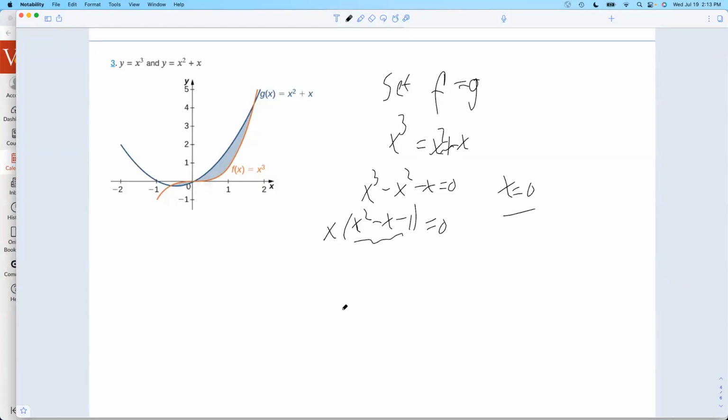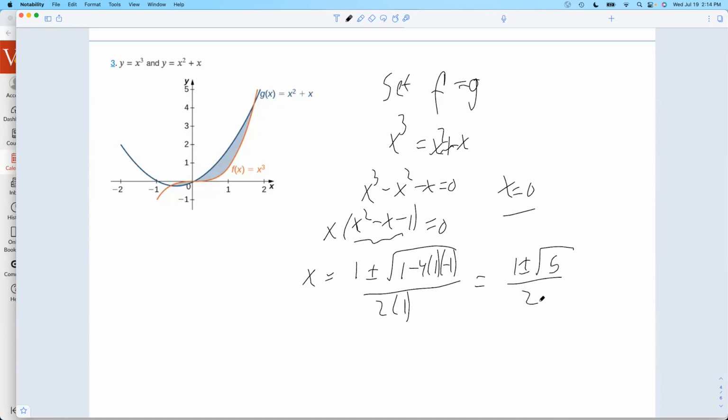Now I'm going to have to use quadratic formula to find the other two because that won't factor. So opposite of B plus or minus square root of B squared minus 4 times A times C all over twice A. I'm going to get 1 plus or minus square root of 5 over 2.